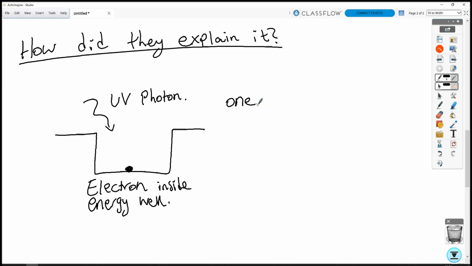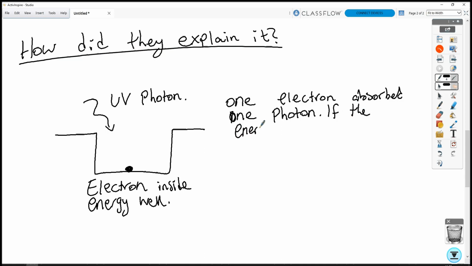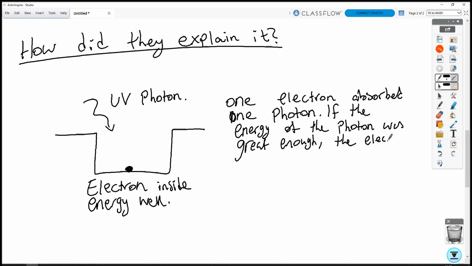So one electron absorbed one photon. If the energy of the photon was great enough, the electron would escape its energy well.